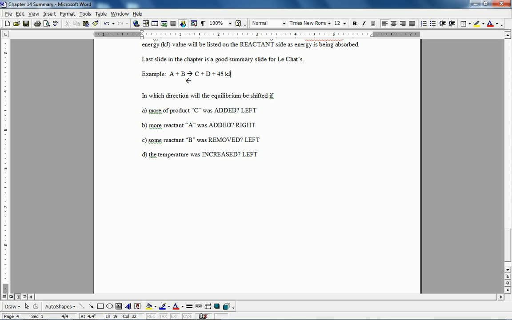So again, you need to see if heat is a necessity, as it would be in an endothermic reaction, or if heat is something that is a byproduct and needs to be rid of in a particular reaction, and that would, of course, be the case in an exothermic reaction. So it's important to understand what the disturbance is and in which direction the equilibrium must be shifted in order to offset that disturbance.